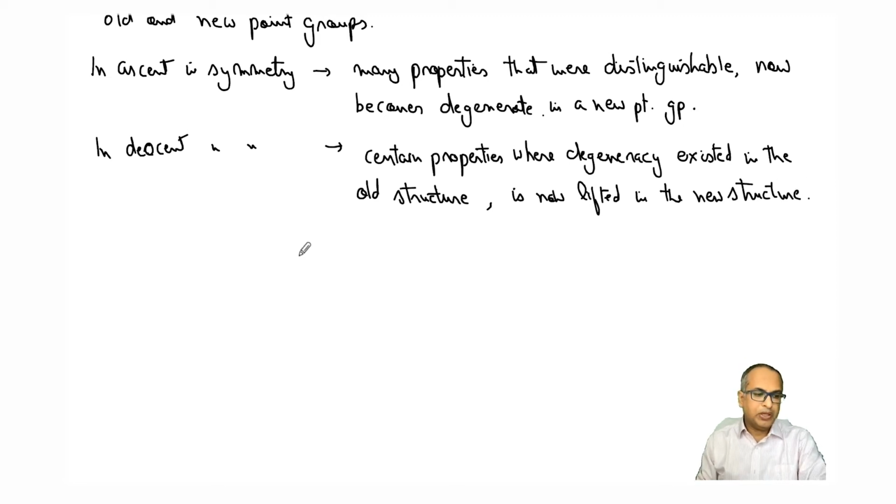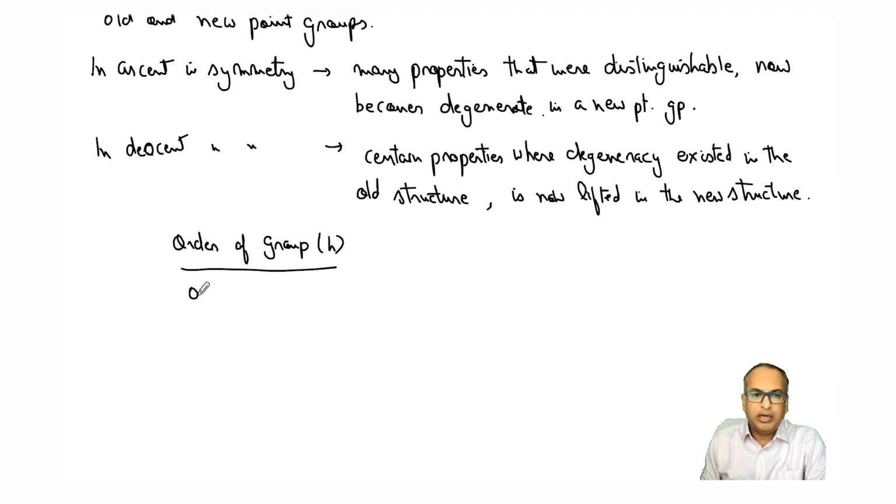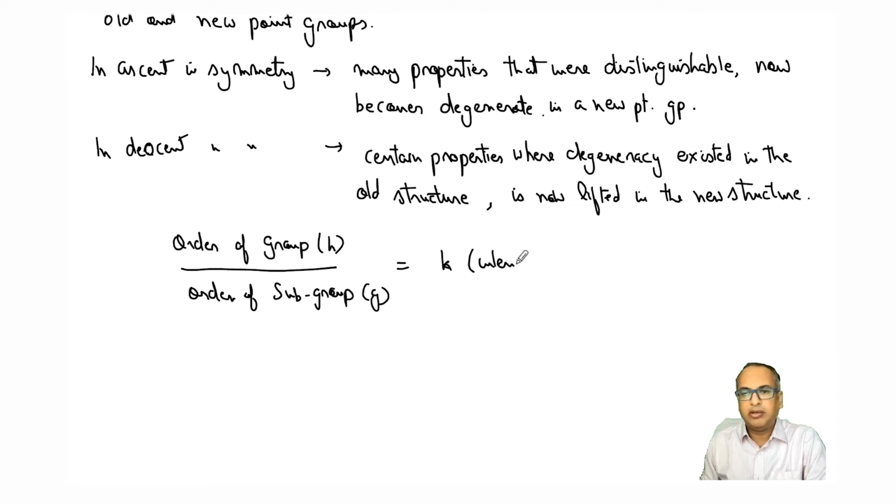Okay. So also, if there is a group subgroup relation, then, only to remind, the order of the group, which is defined by h, and the order of the subgroup, let us call it g, must satisfy h/g = k, where k is an integer.